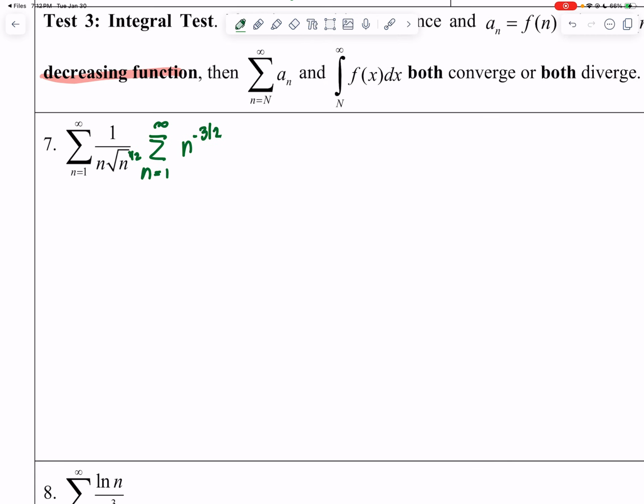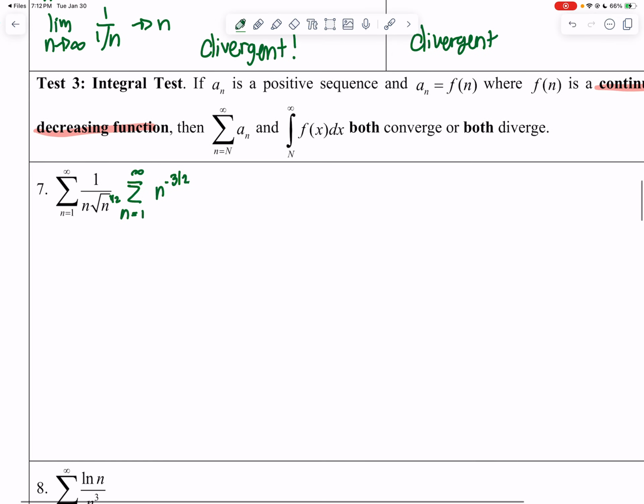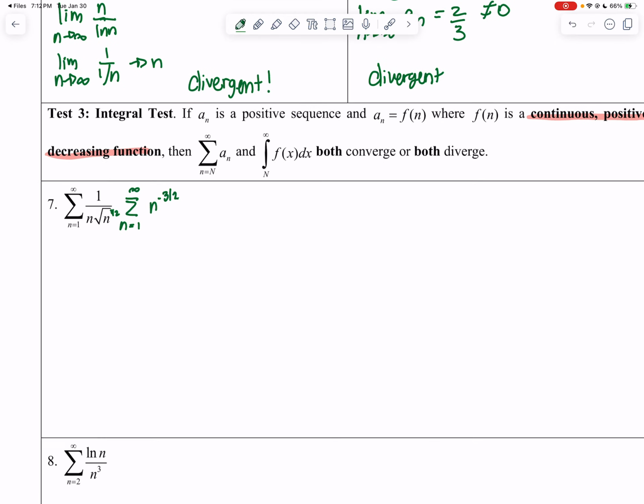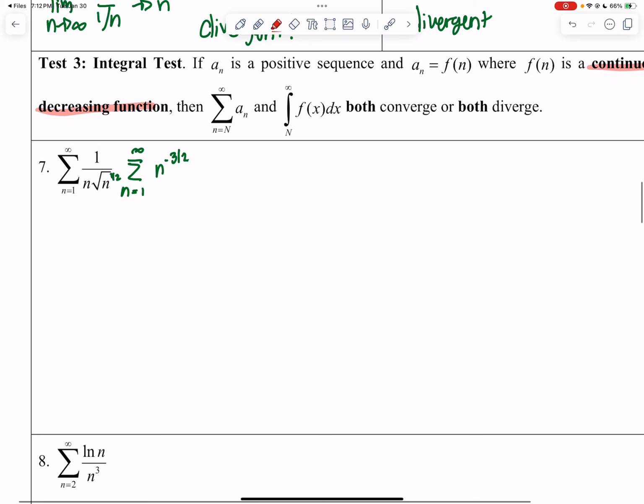What I'm going to do now is think about, is it continuous from 1 to infinity? Is it positive? And then is it decreasing? So for this one right here, remember to prove that a function is decreasing, we are going to take the derivative and then do a bunch of stuff with it.